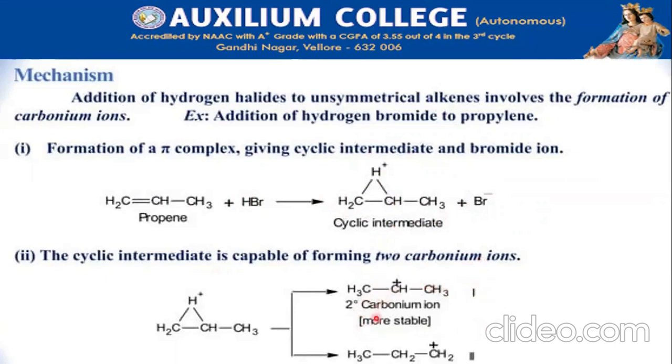One is the secondary carbonium ion, CH3, CH plus, CH3, and the other is the primary carbocation, CH3, CH2, CH2 plus. We know that according to carbonium ion stability, the secondary carbonium ion is more stable than the primary carbonium ion.